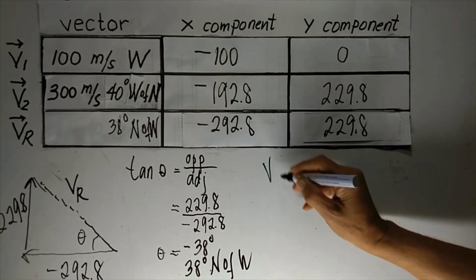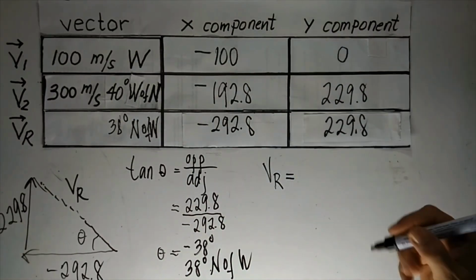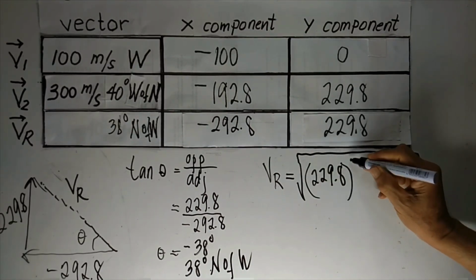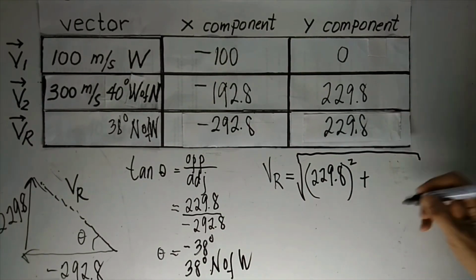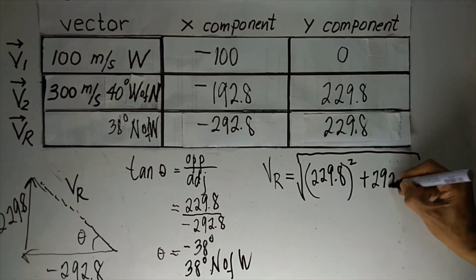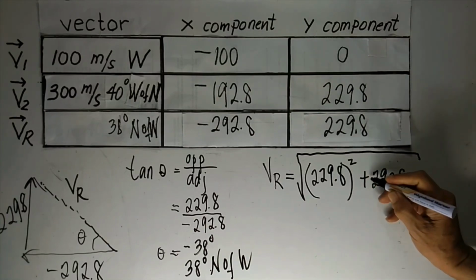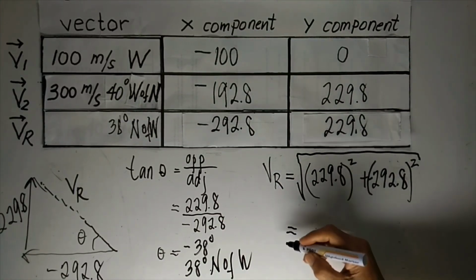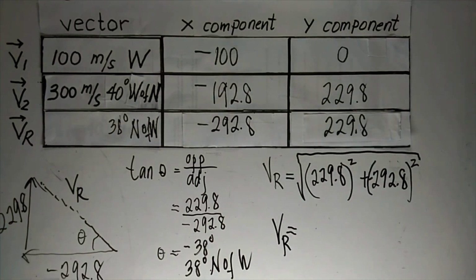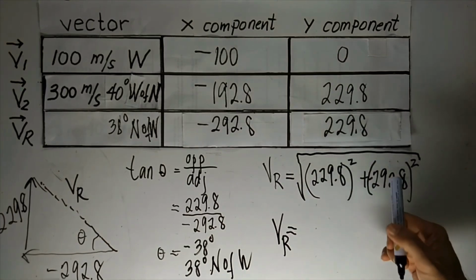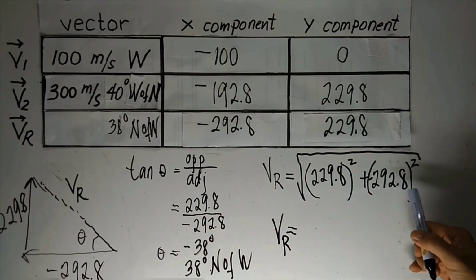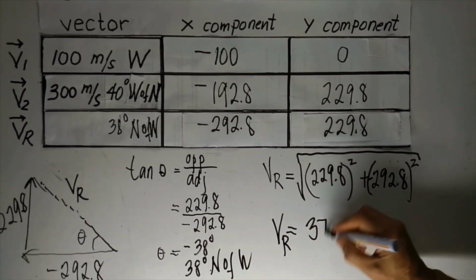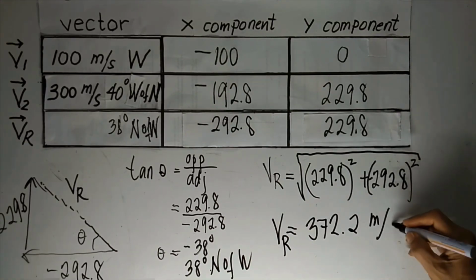So the resultant velocity is equal to the square root of 229.8 squared plus 292.8, this is a negative value, squared, wherein with the help of your calculator again, 229.8 squared plus negative 292.8 squared is equal to, and then extract the square root, you'll get a value of 372.2 meters per second.